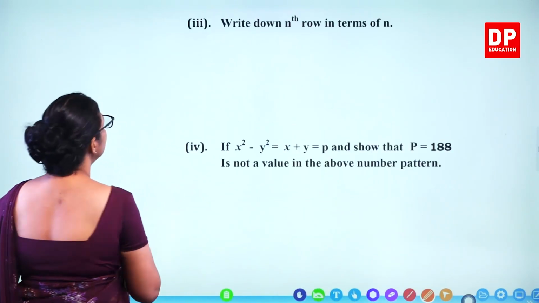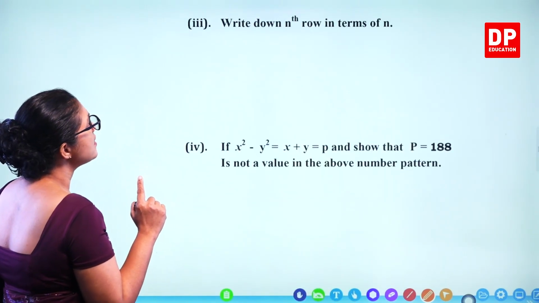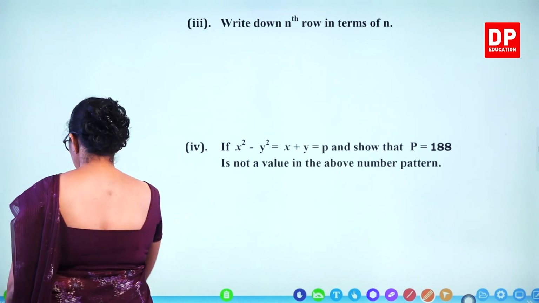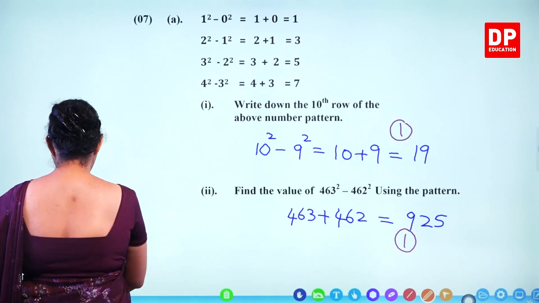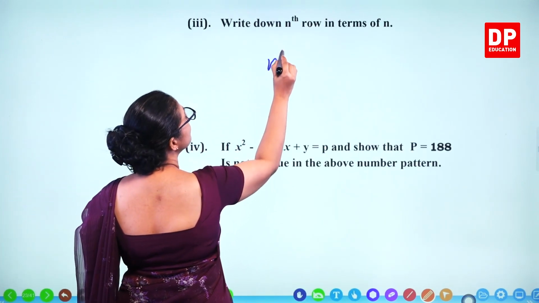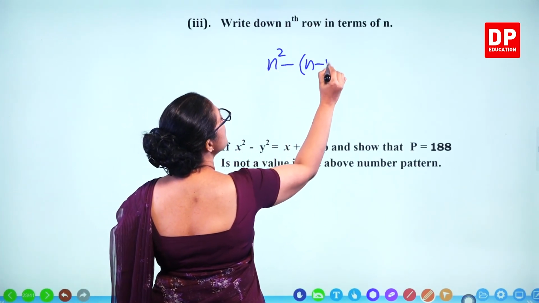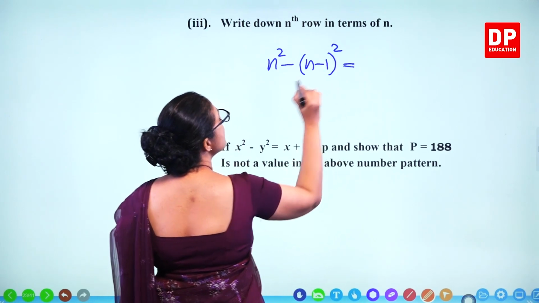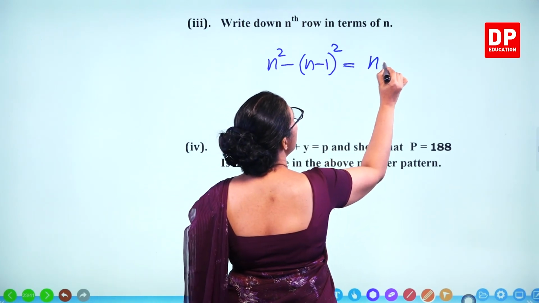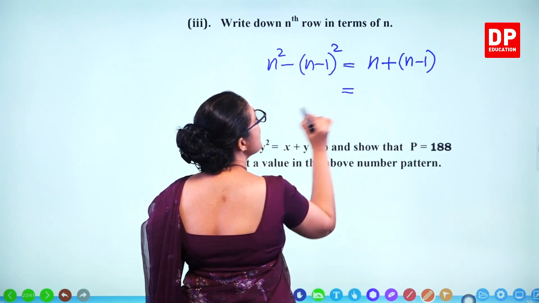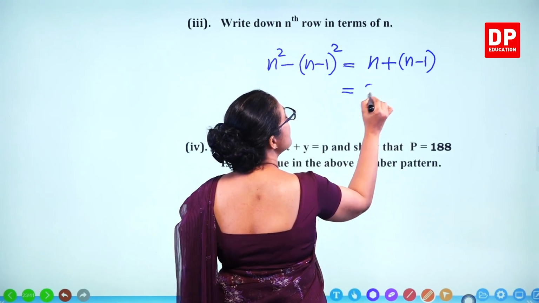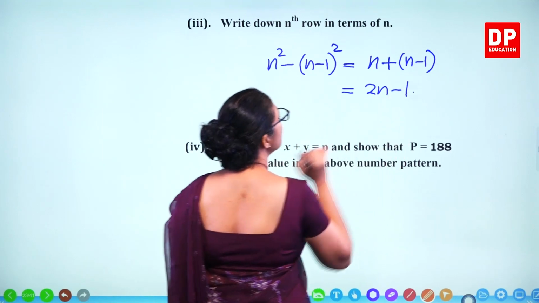Next one. Write down nth row in terms of n. So if it's n, the previous number, n minus 1 squared, then what is the value? n plus n minus 1. That becomes n and n, 2n minus 1.